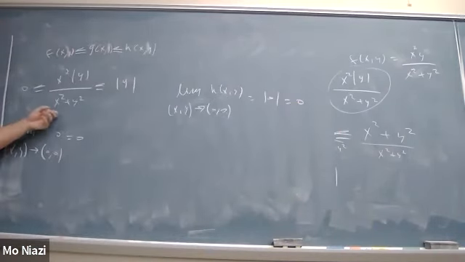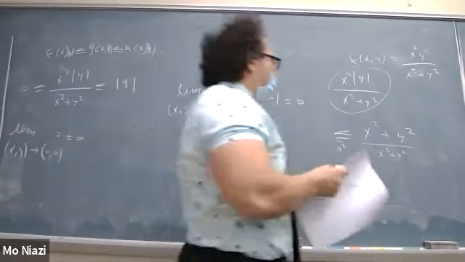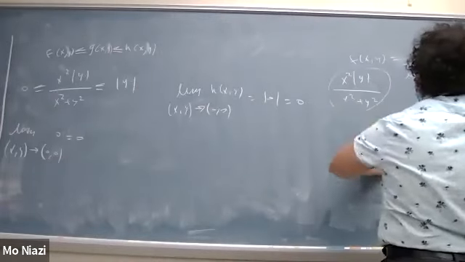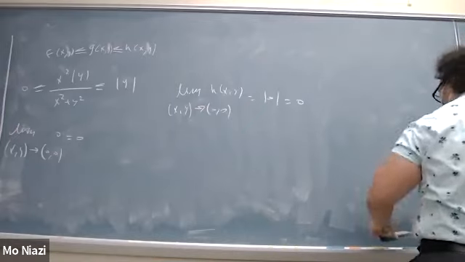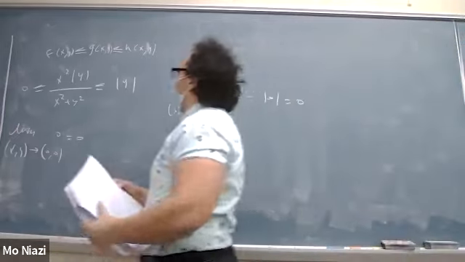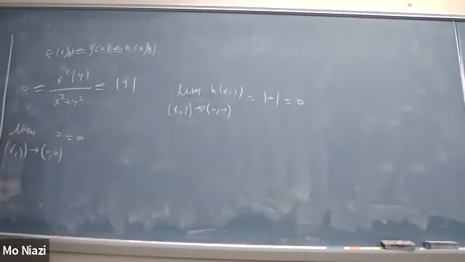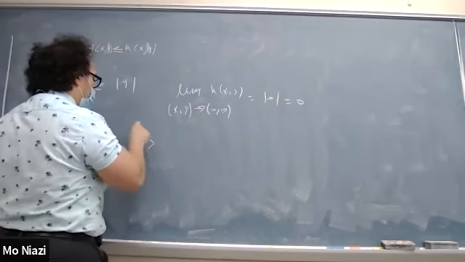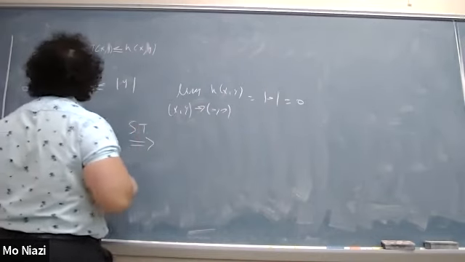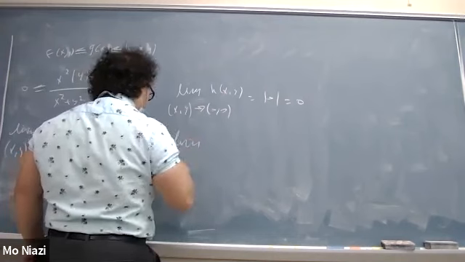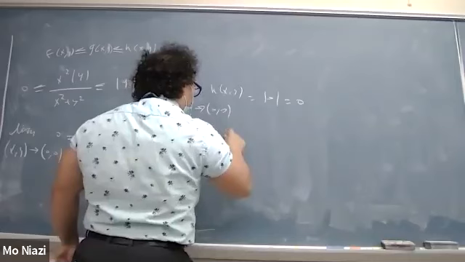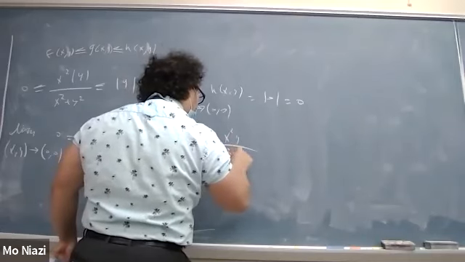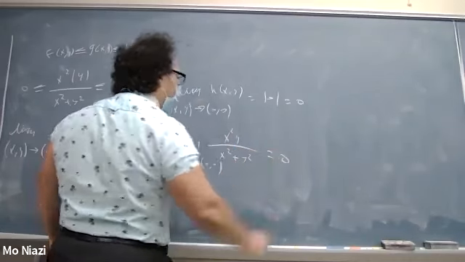Notice that we have found, through the inequality analysis we did earlier, that those two functions indeed sandwich this function in the middle, which is our desired function of analysis. So by the squeeze theorem, I get that the limit as (x,y) approaches (0,0) of x squared y over x squared plus y squared is indeed equal to 0.